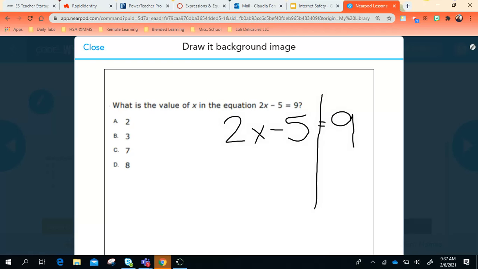And then don't forget, whatever you do on one side, you gotta do what? On the other side. What are you doing here? Okay, so remember, we don't wanna touch that 2x. We wanna work with the 5 first.